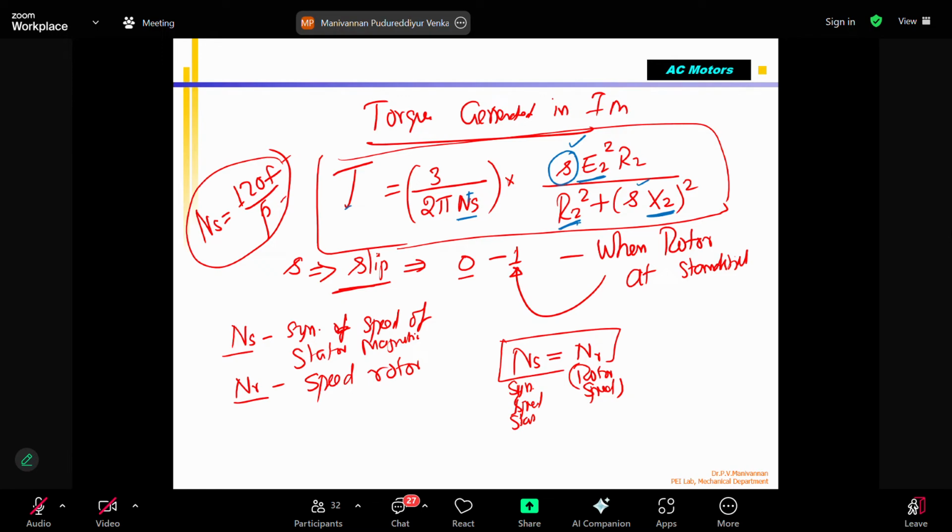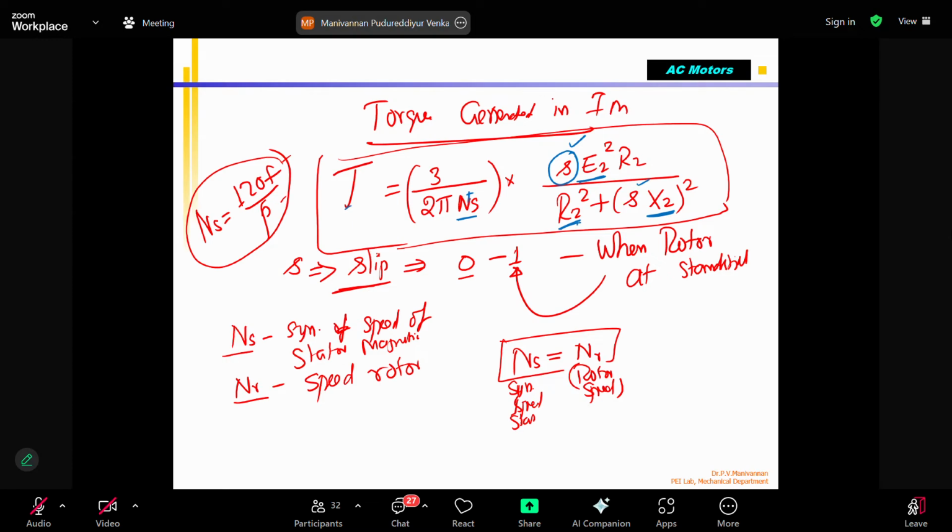Okay, sir. But the thing is that, sir, this graph and the logic are not getting synced in that way. That's the only point I wanted to say. Definitely, your point is well taken. Basically, the torque equation, torque in the induction motor depends on slip also.